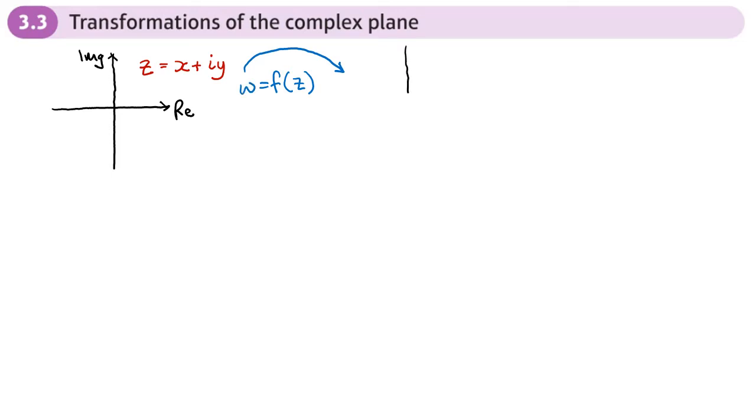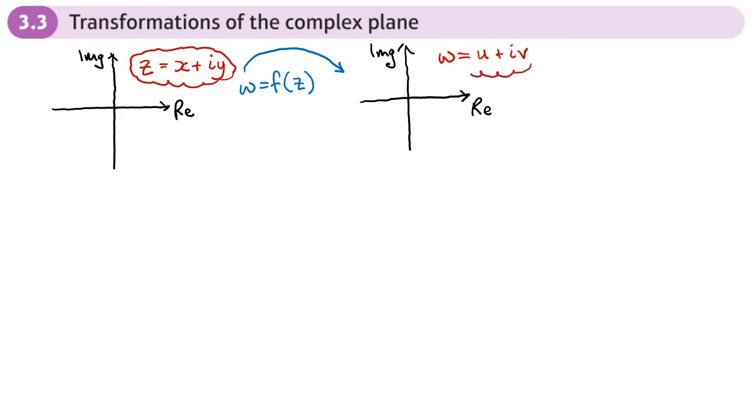Now this will move the points that we originally started with on this plane onto the same imaginary plane, but now we'll be plotting complex numbers which we'll describe as w, and the notation is that w will equal u plus iv. So this is just the standard notation. This is the plane that we start with, and over here this is the plane that we finish with. It's still a complex plane, but this is the standard notation.